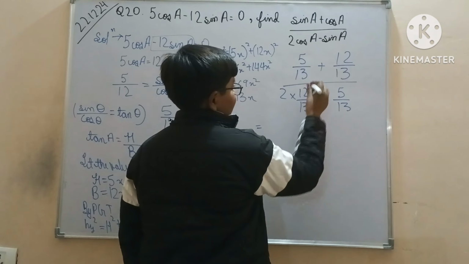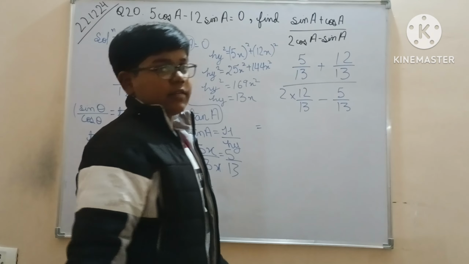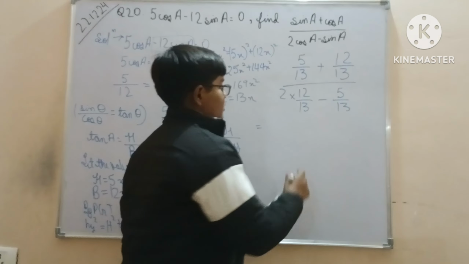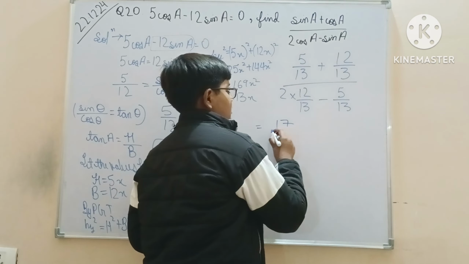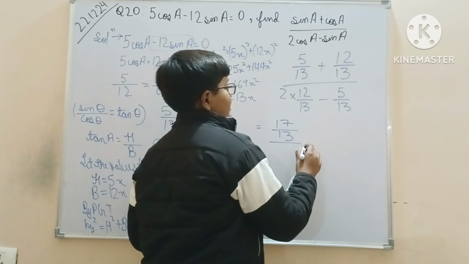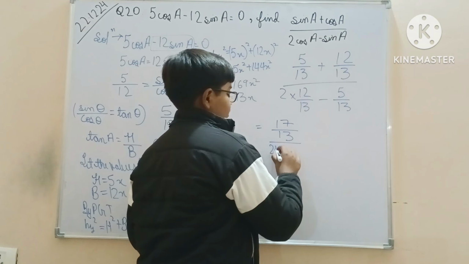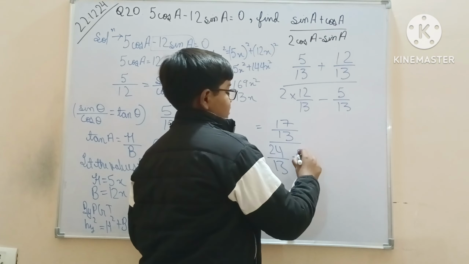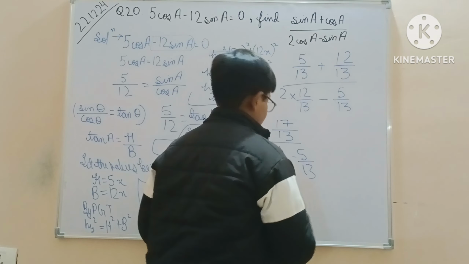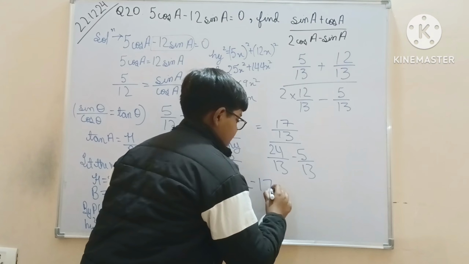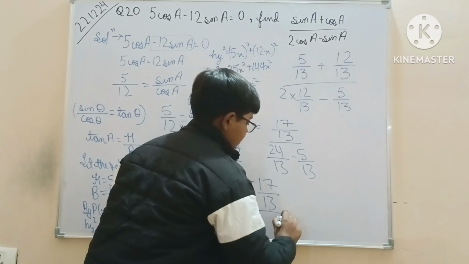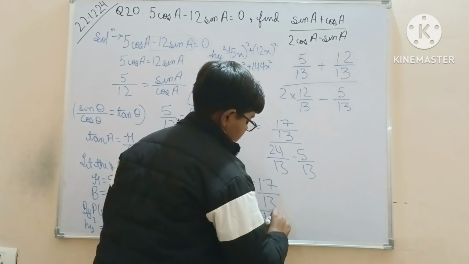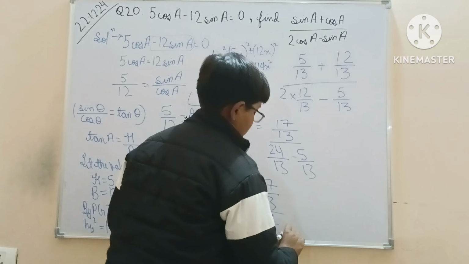Now, as these are like fractions, in like fractions only the numerators are added. So 12 plus 5 will become 17 divided by 13, divided by 24 divided by 13 minus 5 divided by 13. So it will become 17 divided by 13, divided by 24 minus 5, 19 divided by 13.